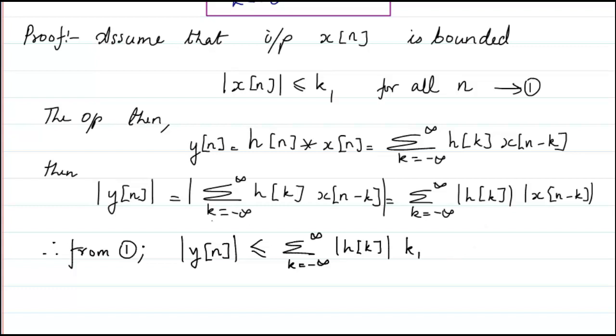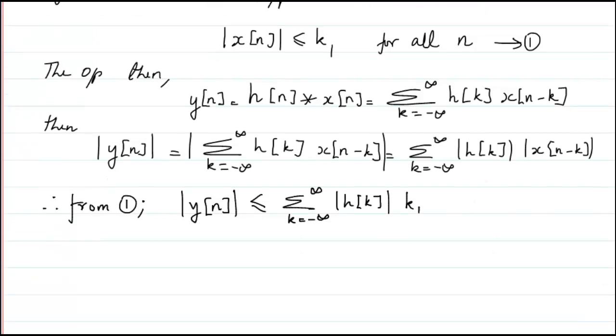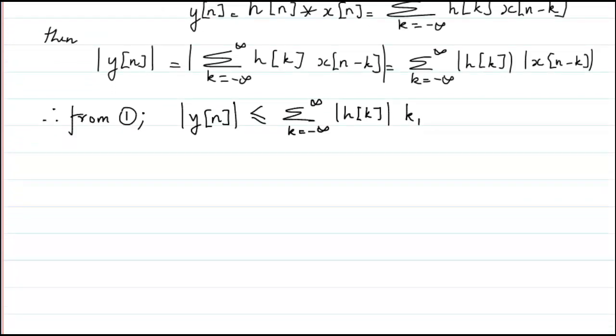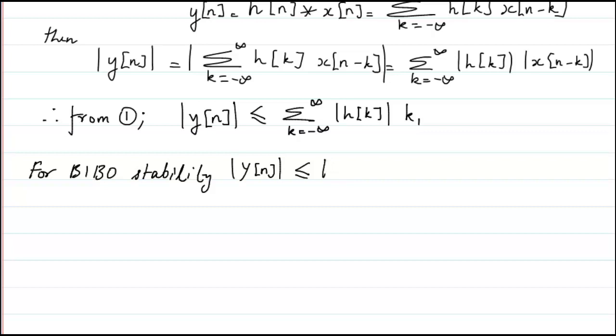So now I know that for BIBO stability the output should be bounded. So for BIBO stability, the absolute value of y of n should be less than or equal to some value which is less than infinity, let's say k2.